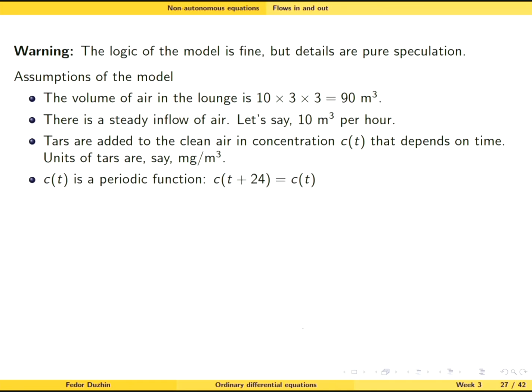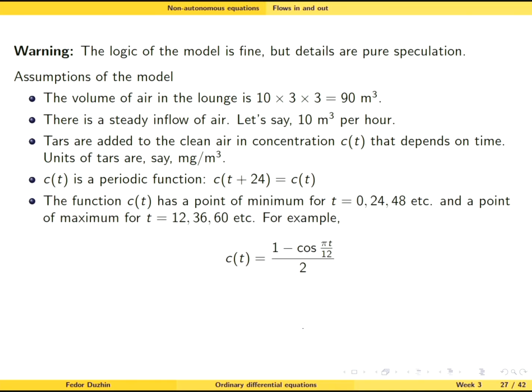Periodic, meaning that every day it happens in exactly the same way. So t is the time measured in hours, and t plus 24 is the same time the next day. We are assuming that this is a periodic function.